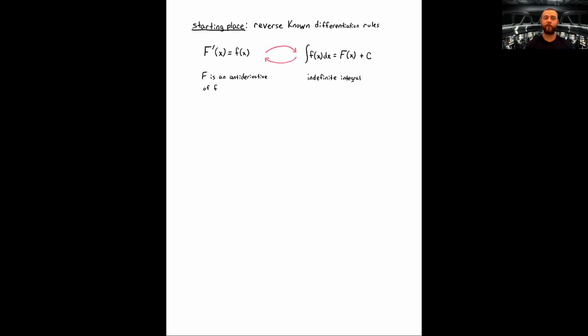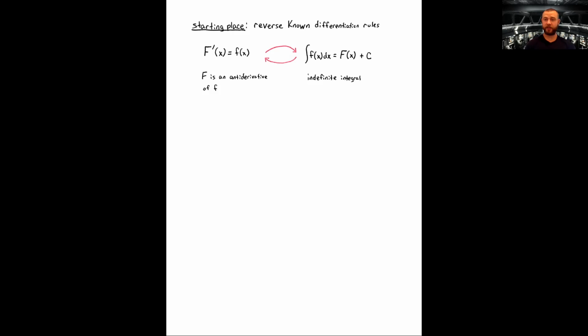All right, now there's a number of ways that you could introduce substitution in a calculus course. One of my preferred ways to do this is to take as our starting place reversing known differentiation rules. So let's take a look at a statement. On the left, we have a statement written in the language using derivatives, and on the right, we have the same statement expressed as an indefinite integral.